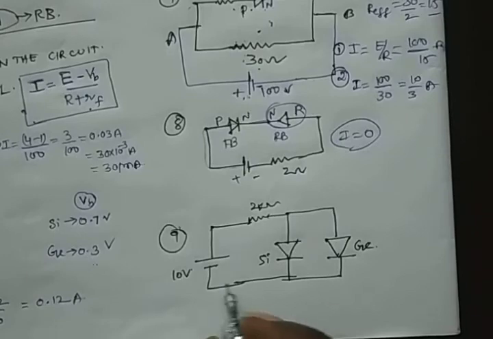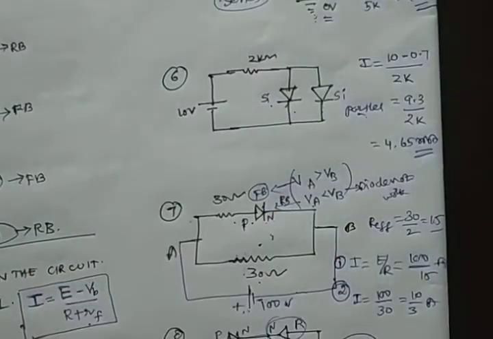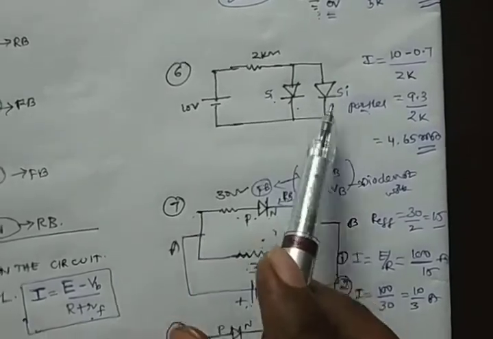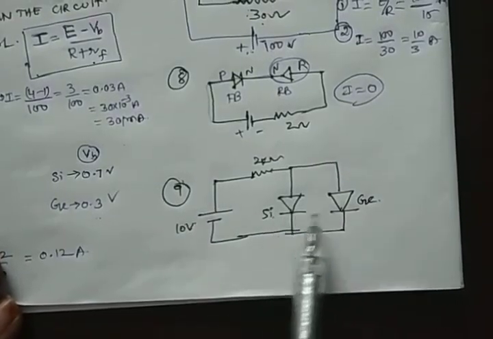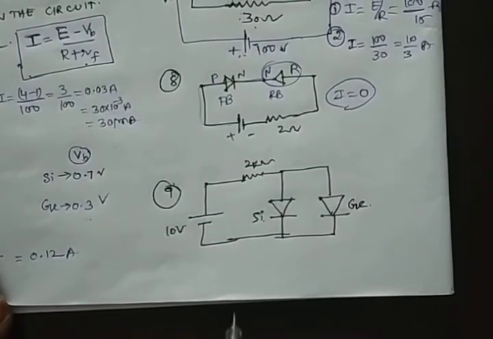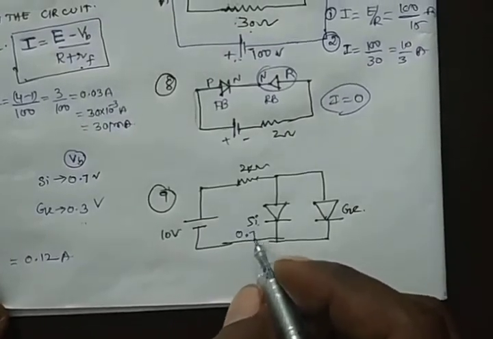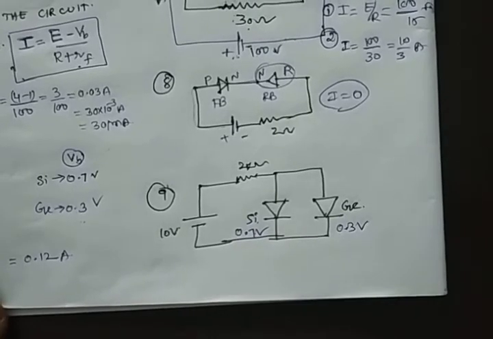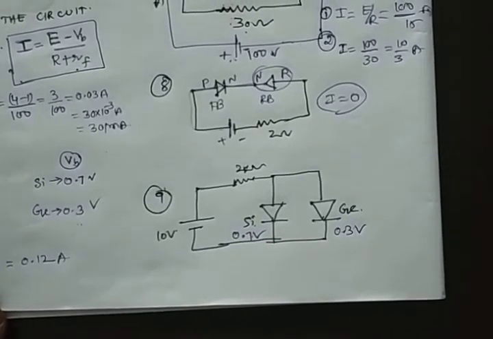Next, see here, what is the difference between these two? This one and this one. Here both the diodes are the same, silicon. But here I am taking different ones, silicon and germanium. So silicon and germanium means the potential across the silicon is 0.7 volt. This is 0.3 volt. So the current always prefers the least potential path.